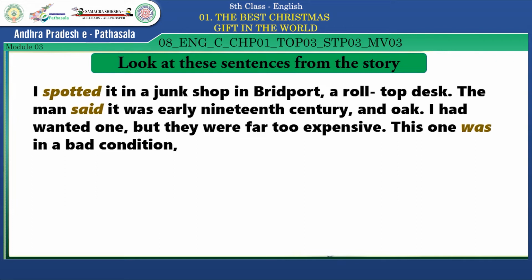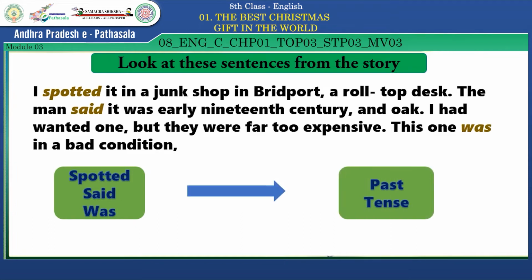I had wanted one, but they were far too expensive. This one was in a bad condition. Students, look at some of the words in italic form. Can you say what are these words? Spotted, said, was. In which tense these words are?